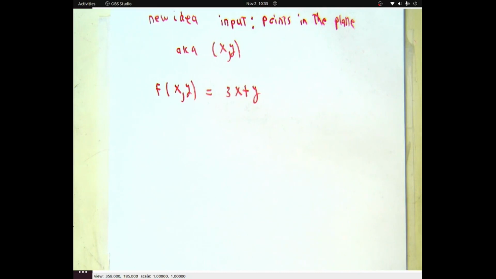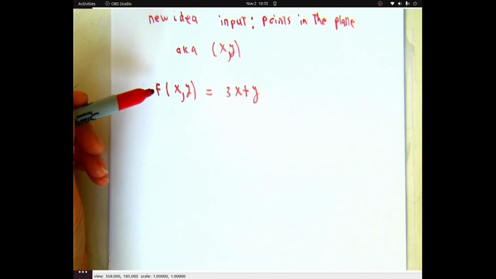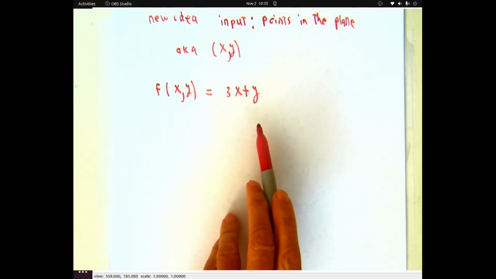A function is going to be a procedure that takes every point and gives me a number back for an answer. We'll symbolize this by saying f evaluated at x comma y is, for a simple example, 3x plus y.